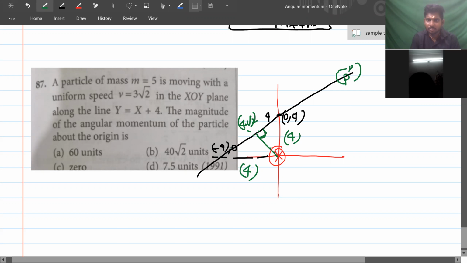You can take the distance from those points. It's a triangle, with points 0, comma 4 and minus 4, comma 0. The perpendicular is a perpendicular bisector.